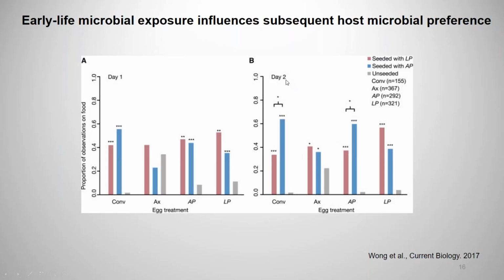And even after 2 days, they start to seek out a little bit more on Acetobacter or Lactobacillus, but the magnitude of attraction is still much weaker compared to other treatments. So that suggests the microbiome does play a role in modulating the olfactory-guided preference of the flies towards microbes.